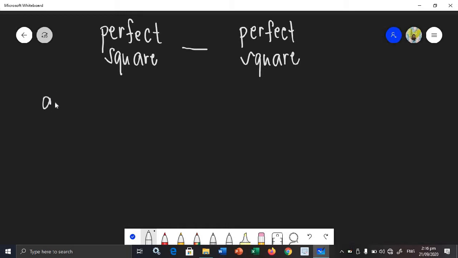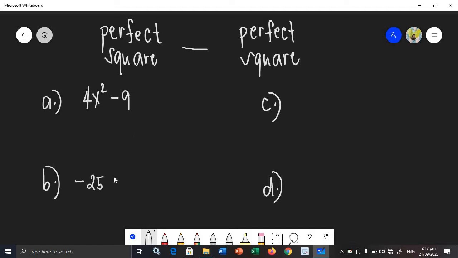So let's say we have 4 examples. First one is 4x squared minus 9. Second one is negative 25 plus 36x squared.